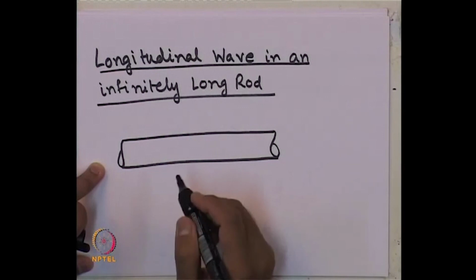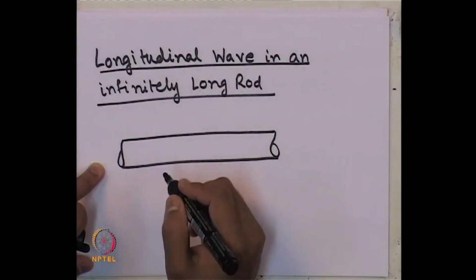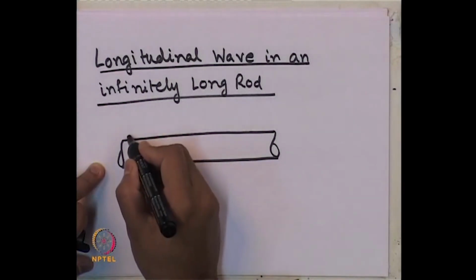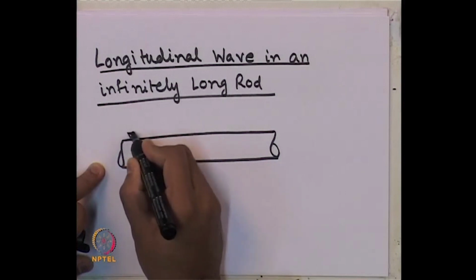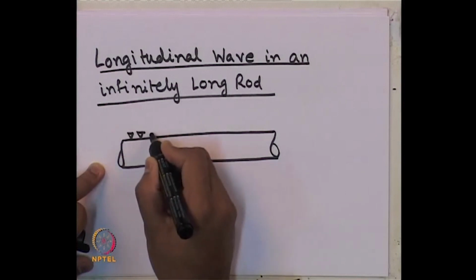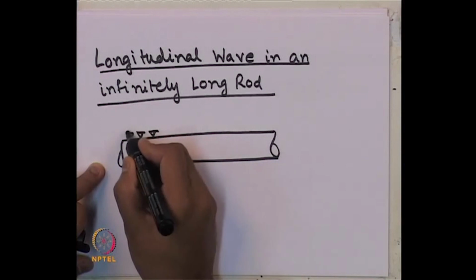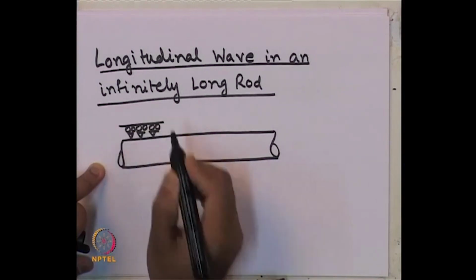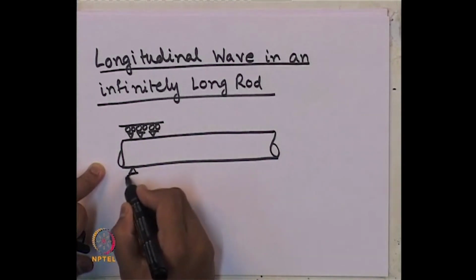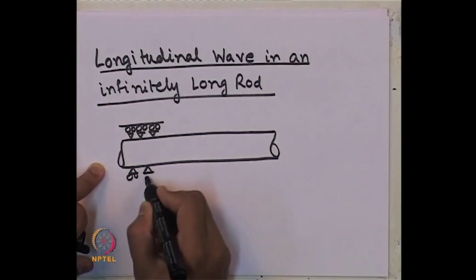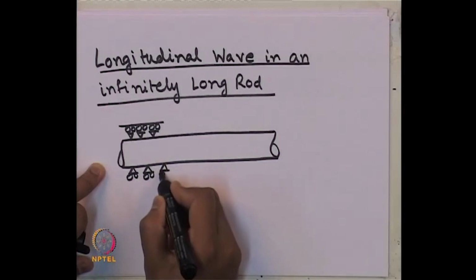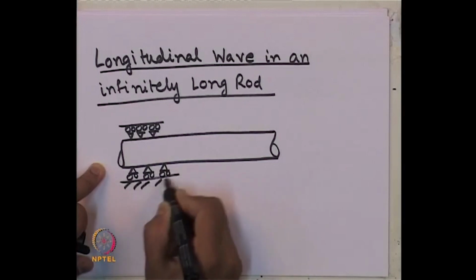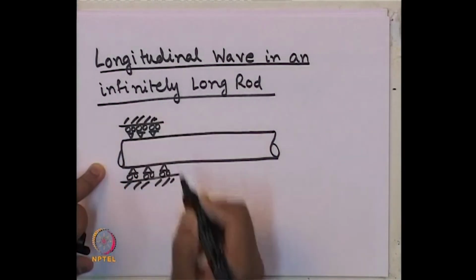So, this is an infinitely long rod we are considering, and the boundary conditions we are taking like this, that is, what does it mean?